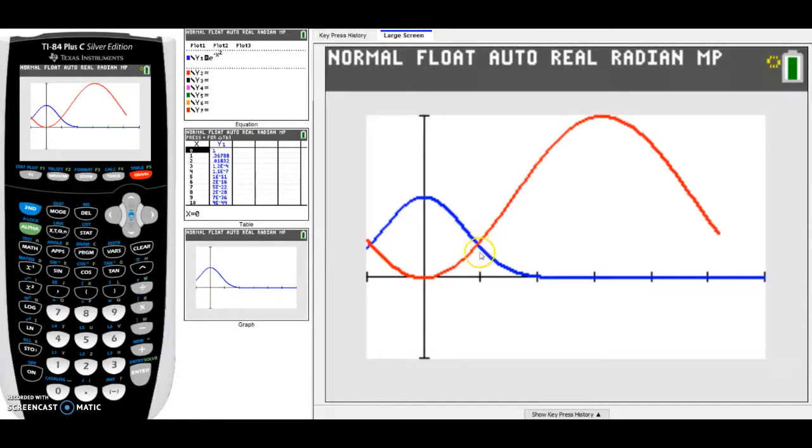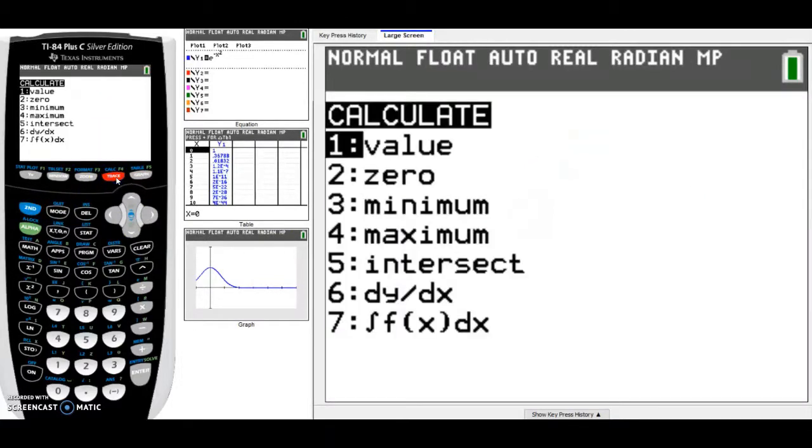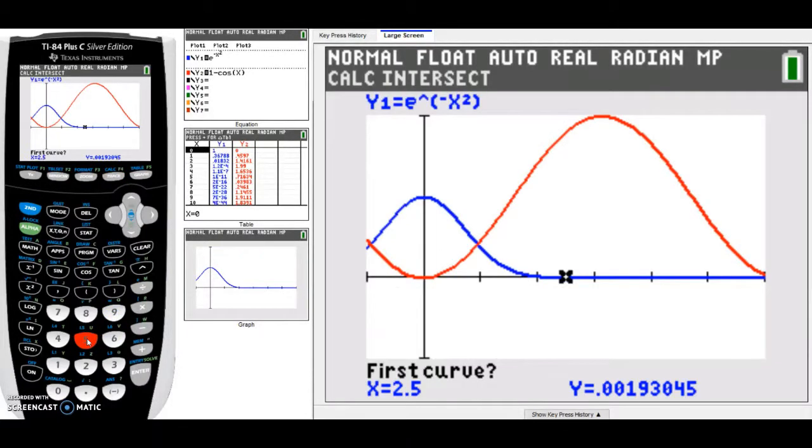And it looks like the intersection between the two graphs occurs at 1. But we need to verify for certain, because it may occur at some value other than 1. So if you press second trace, that will pull up the intersect menu, option 5. And we can move our cursor close to the value that we're interested in finding an intersection.